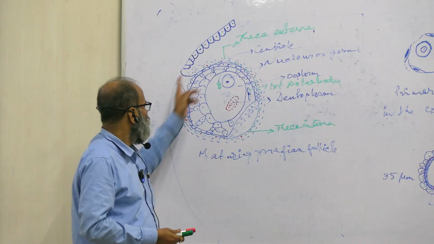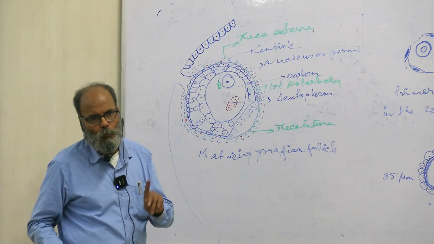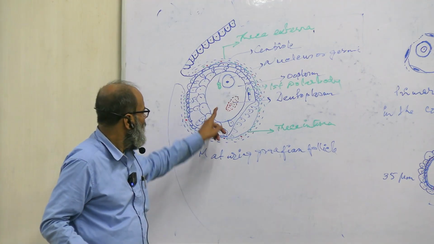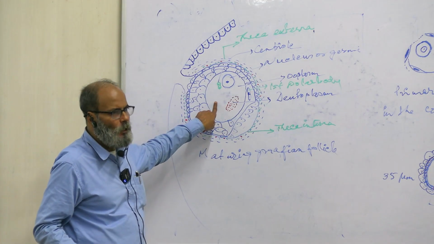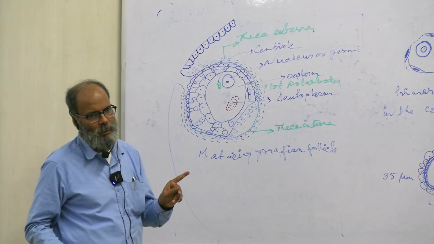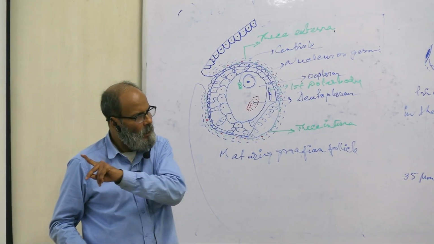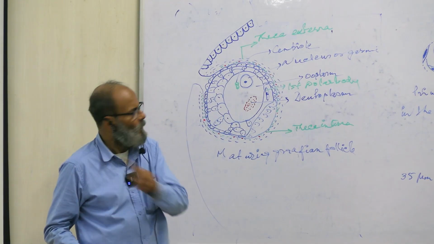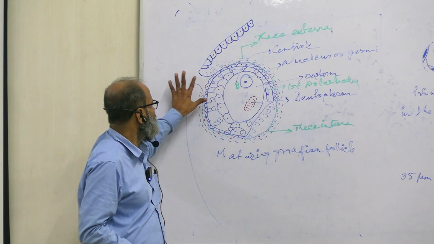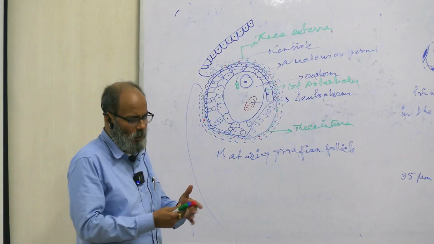And these follicular cells get reacted by the hyaluronidase of the sperm, and the ovum, the secondary oocyte, is released at the time of ovulation, 14 days prior to the next menstruation. Got my point? And this mature Graafian follicle ruptures, and the ovum, secondary oocyte, is released into the peritoneal cavity.